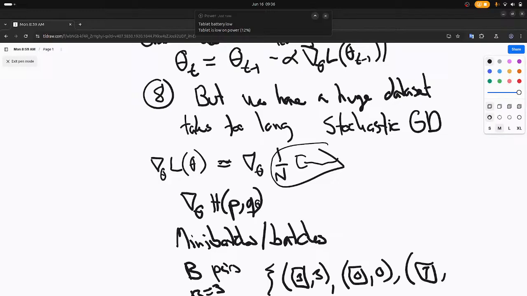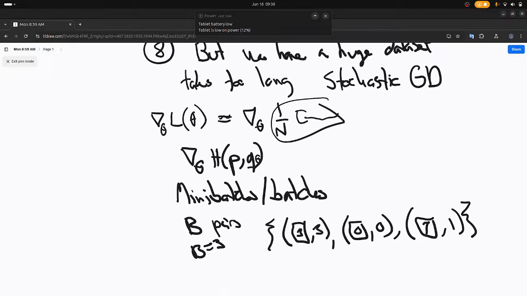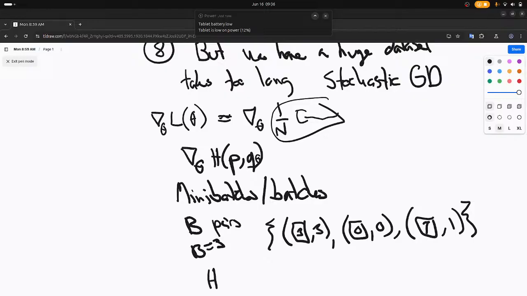It was actually a 7, but they thought it was 1. Okay. And now I'm going to just use this. So I'm going to say H(p,q) is roughly 1 over 3, 1 over b here, of the sum of this. So yeah, I hope you get the idea.